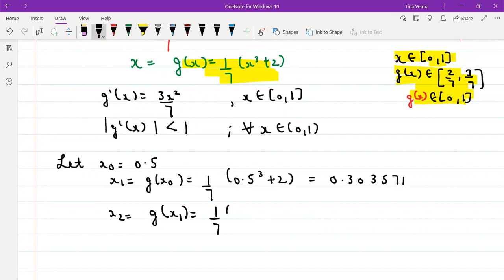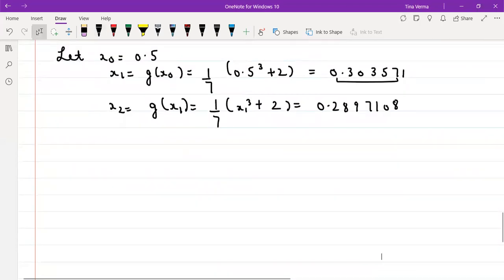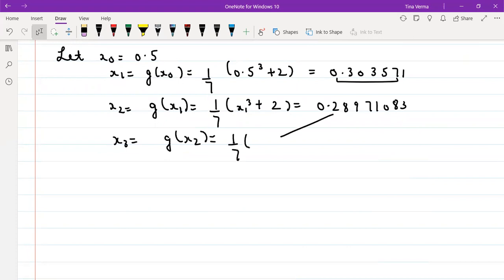And x2, if I evaluate, I have to substitute x1 in g. That means 1 by 7 times (the value of x1 cubed plus 2). So it is giving me the answer 0.28971083. And x3 you will evaluate as g of x2: 1 by 7 times (this value cubed plus 2), that will be equal to 0.2891888016.